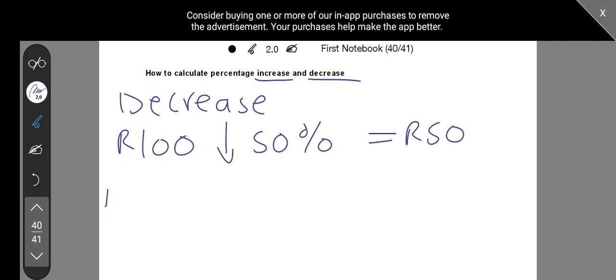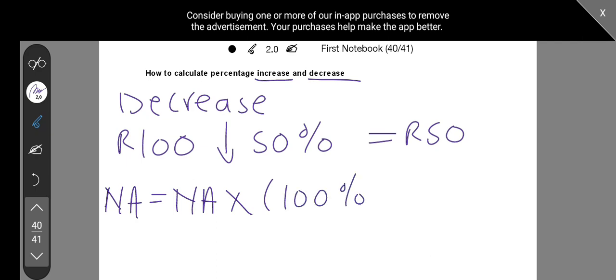So by using the formula, we're going to say that the new amount, you can write it in full, new amount is equal to initial amount multiplied by 100% minus the percentage decrease. So let's do it.